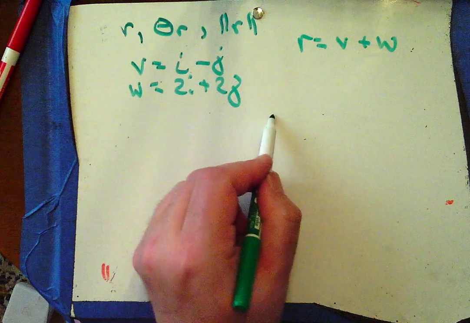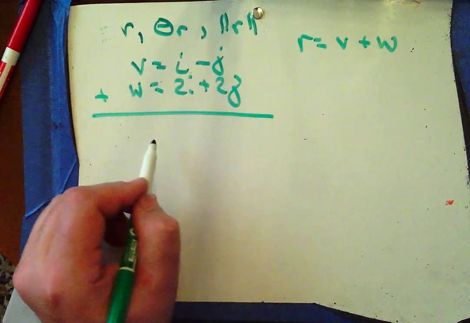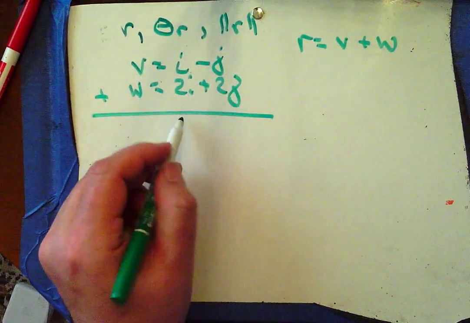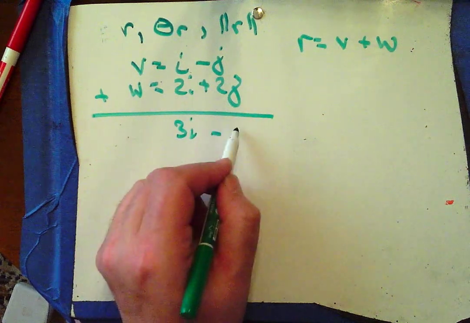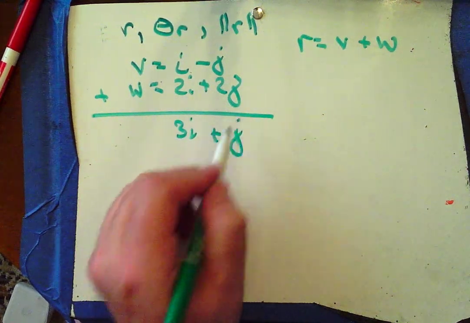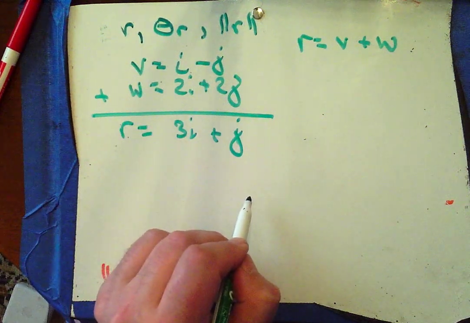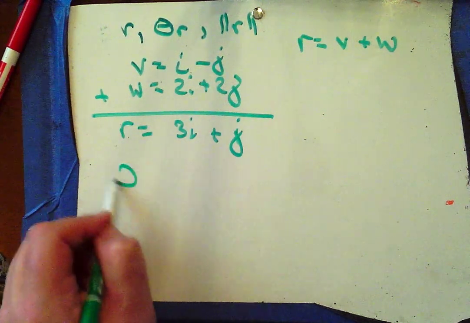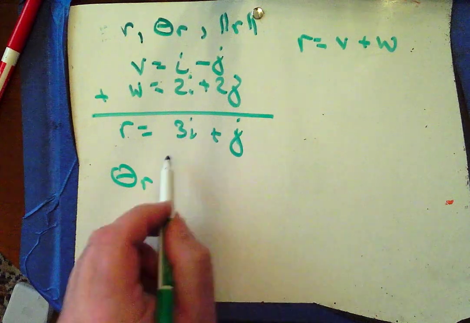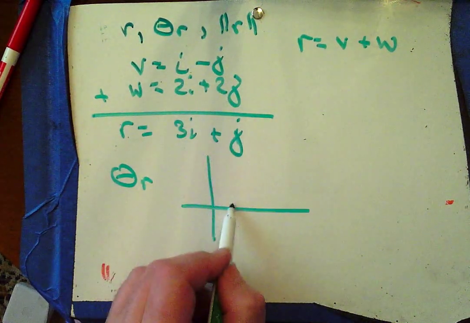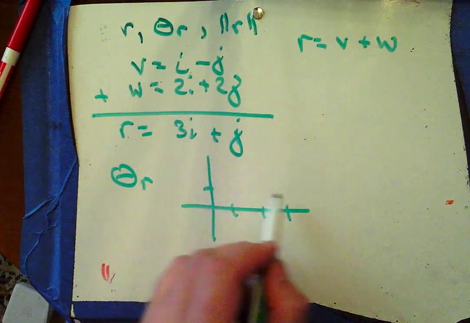Well, we can easily get that special unit vector form simply by adding: 3i plus j. There's r in special unit vector form. If I want to find theta r, I can understand this as going over 3 and up 1.